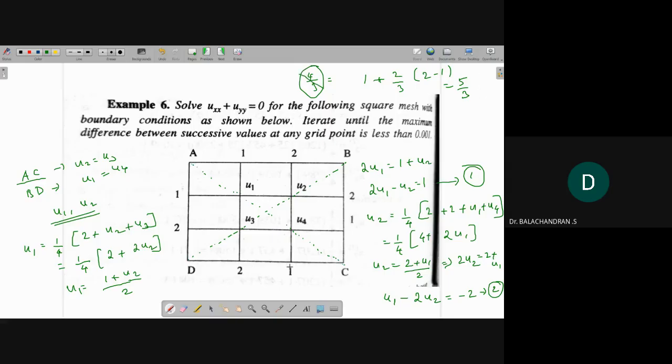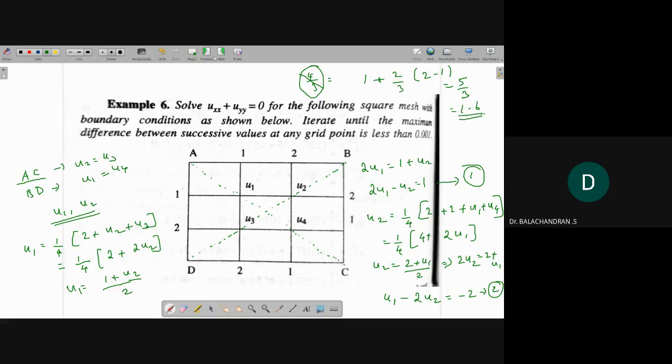So you should assume like this. This u2 is 2/3 of the distance from here, times the difference between the bigger value and the smaller value, 2 minus 1, so this is 1. So 1 plus 2 by 3 is 3 plus 2, 5 by 3. This is nearly 1.6.